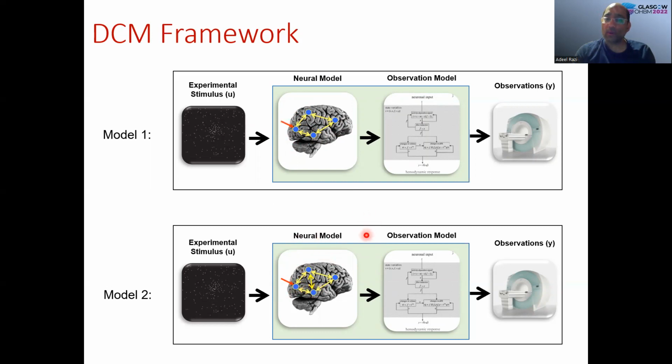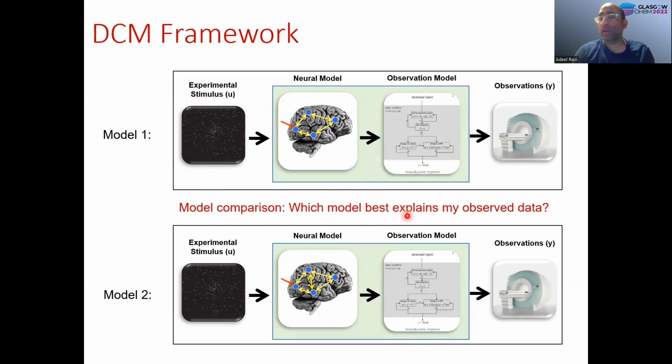Then we have model 2, where these 2 brain regions have an extra connectivity, and we want to compare these two models and find out which model, model 1 or model 2, better explains our observed data. This is basically what DCM allows you to do: model comparison.